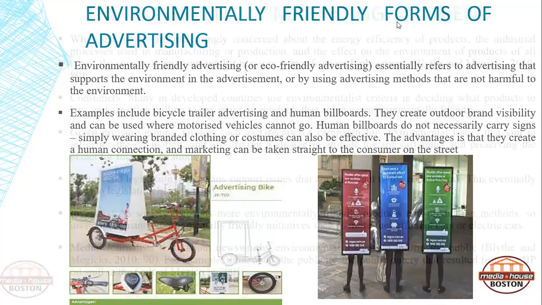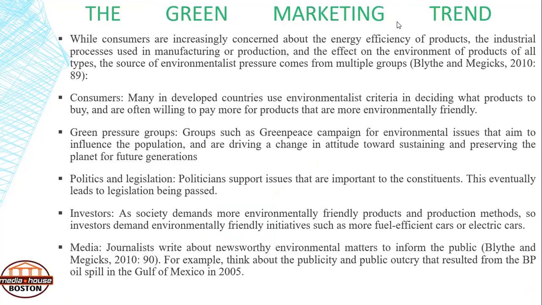So consumers are increasingly concerned about the energy efficiency of products, the industrial processes used in manufacturing or production, and the effect on the environment of products of all types. The source of environmentalist pressure comes from multiple groups, like I was explaining before. Now we have a lot of companies that are environmentally conscious, and these people need to understand how you as advertisers also encourage companies, encourage people to be eco friendly to the environment.